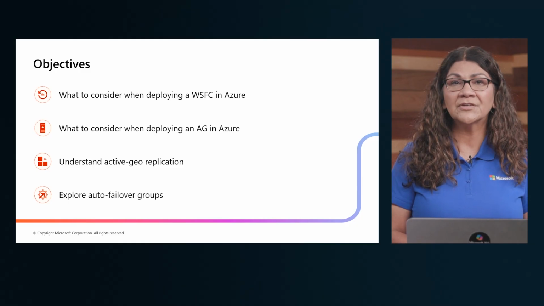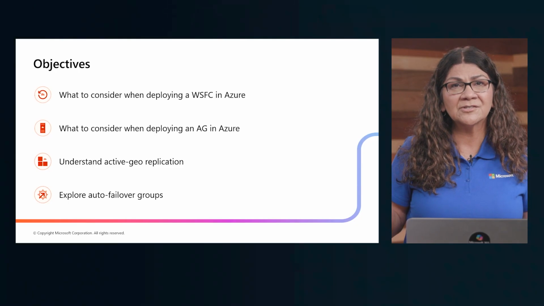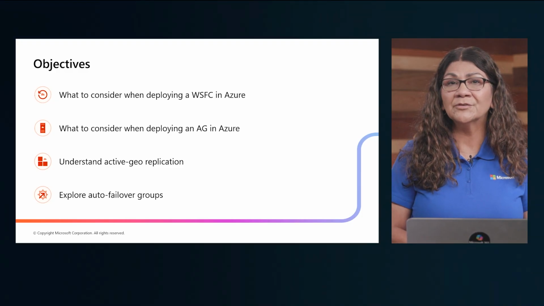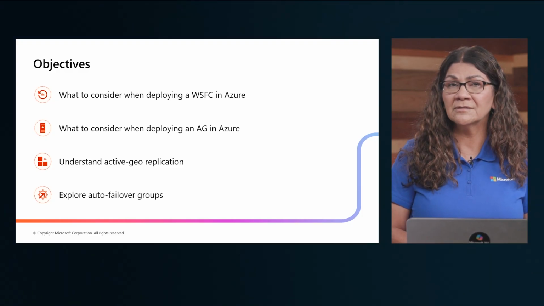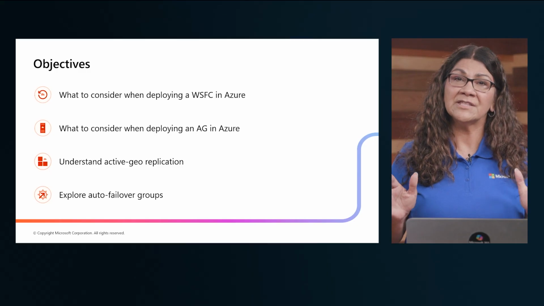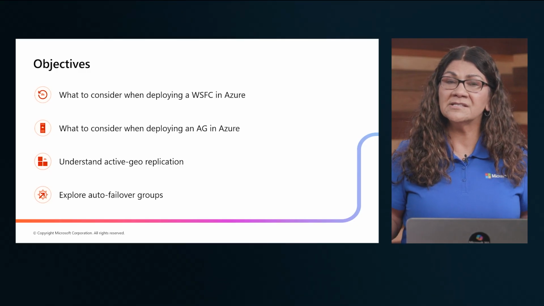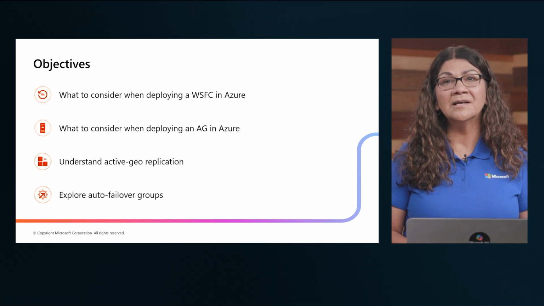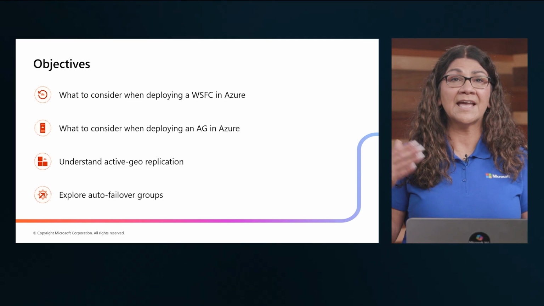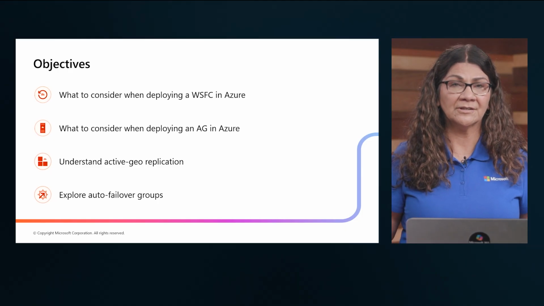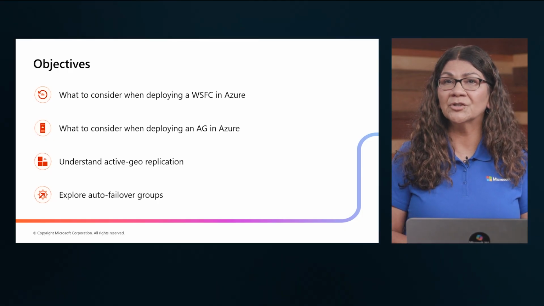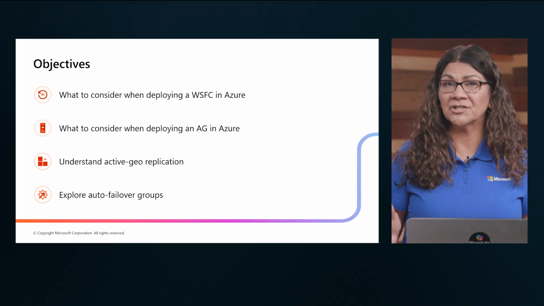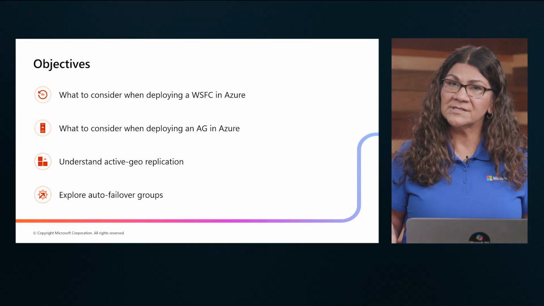Are there any specific considerations for AGs or availability groups that differ from our on-premises solution? We will take a look at some of these questions and more in this section, where we will talk about what to consider when deploying our WSFC and AGs here in Azure, as well as taking a closer look at active geo-replication and auto failover groups.